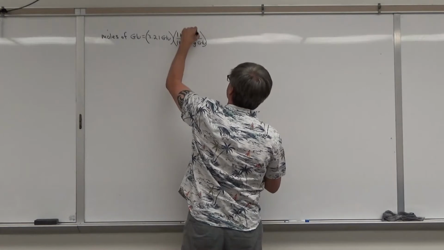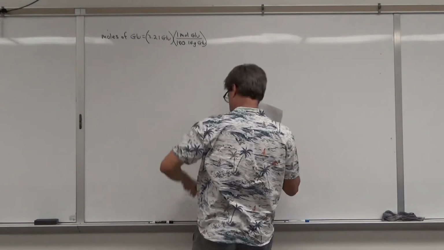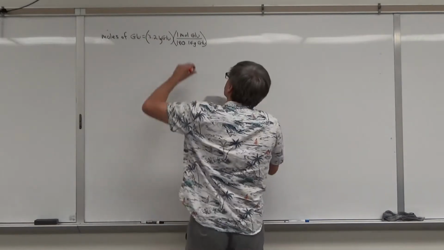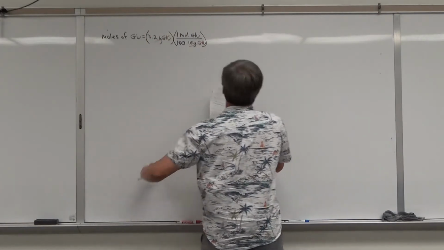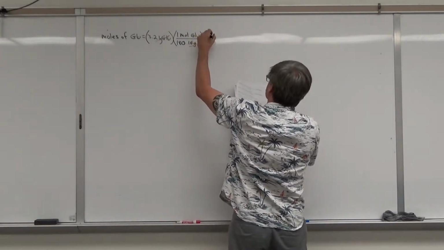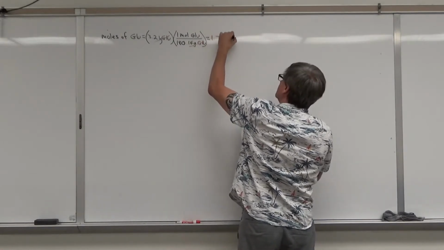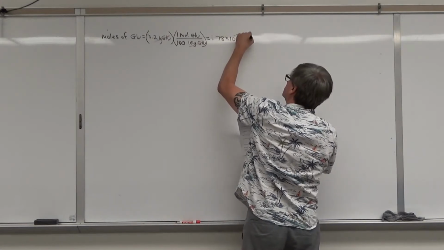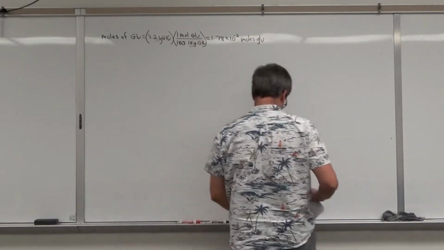That's just the molar mass of glucose. Oh, I forgot my gram. Take a point off Gideon's test. Grams of glucose, grams of glucose. Okay. That is 1.78 times 10 to the negative 2 moles of glucose. Okay. All right.